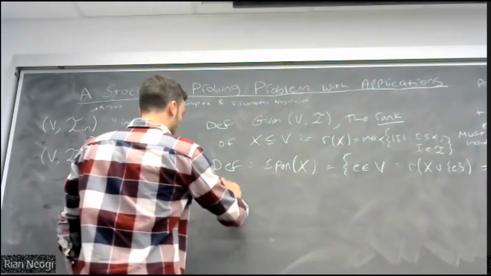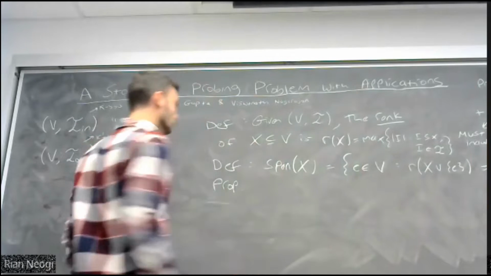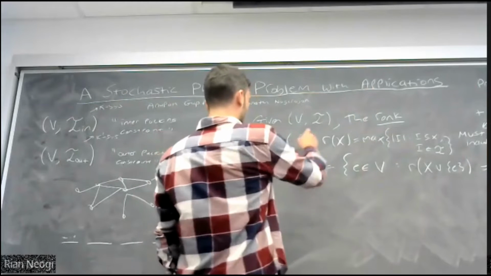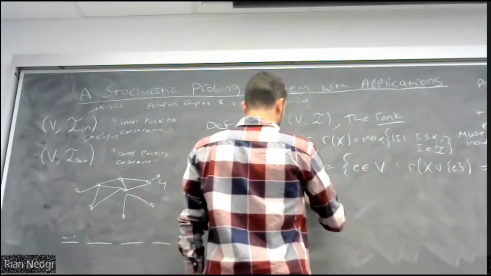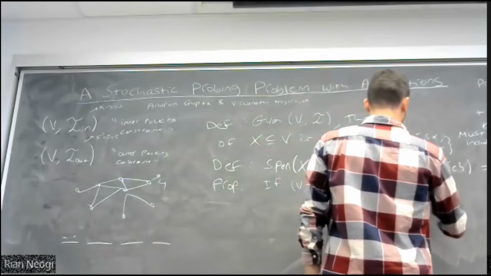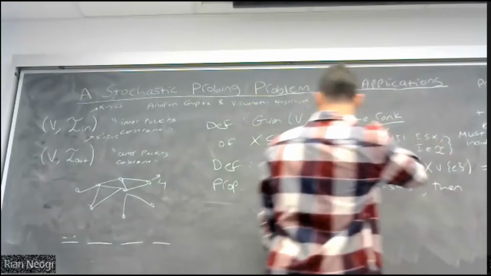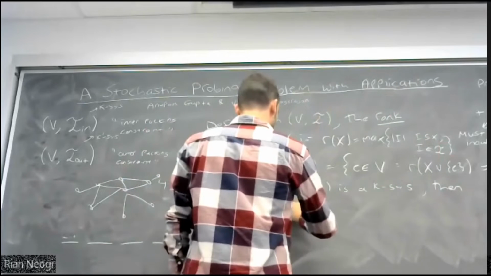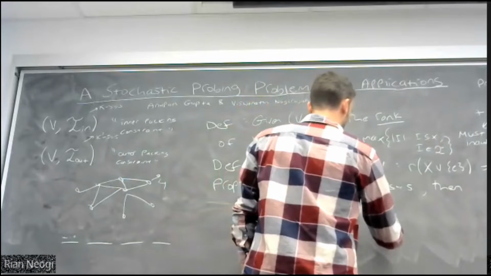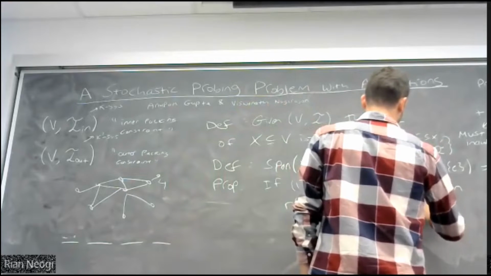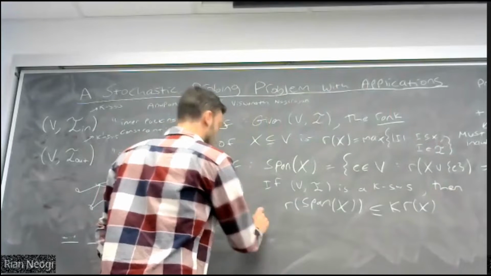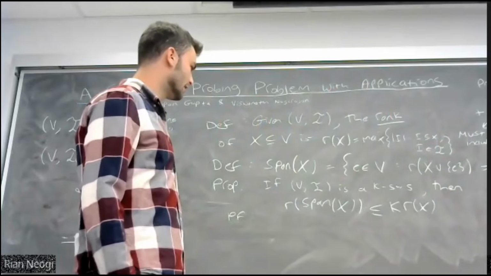So we have these two definitions here. And now I propose the following result, that if script I is a K-system, then for any subset X of the ground set, the rank of the span of X is at most K times the rank of X. And I'll actually show you the proof because it's very short, but I still found it somewhat interesting.